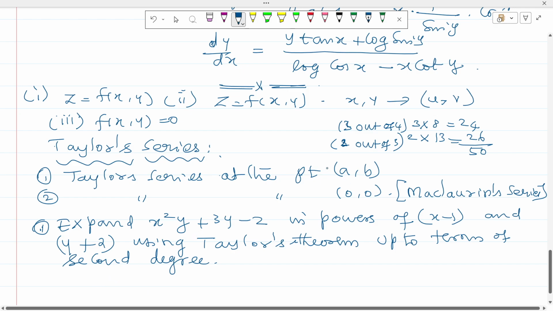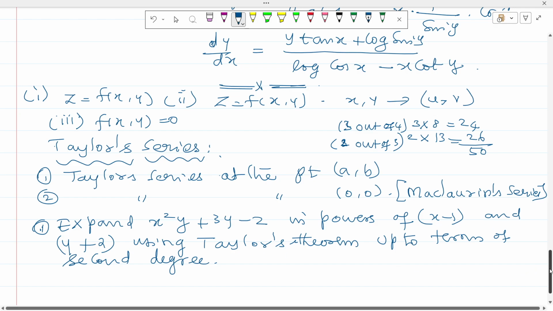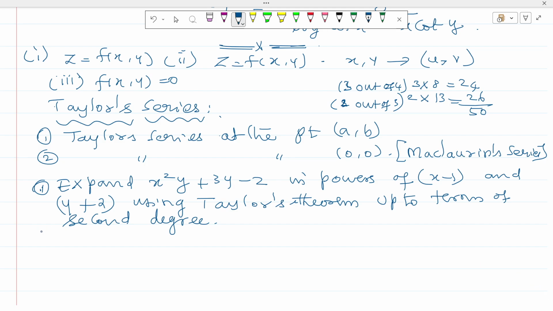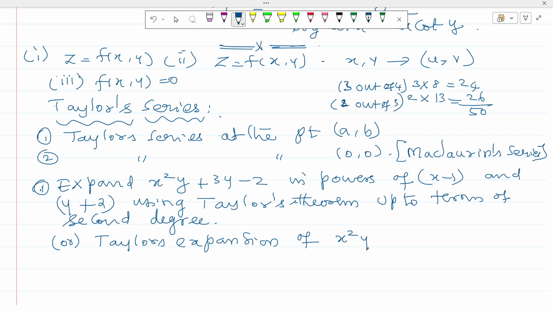Here, see, Taylor series at the point is given, but here in powers of x minus 1 and y plus 2 is given in the problem. So that means here the same thing we can write as the Taylor series expansion of x square y plus 3y minus 2 at the point of, what is at the point of, anybody?